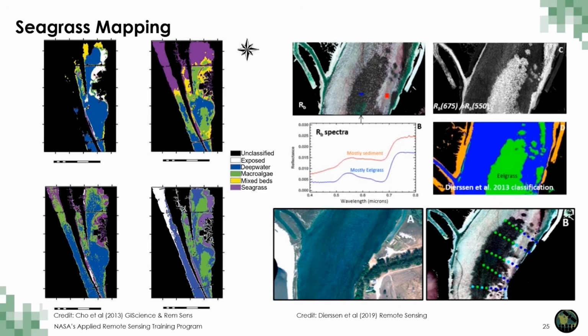Now, similarly, in a more recent paper by Heidi Dierssen et al. in 2019, they used 1 meter spatial resolution hyperspectral data obtained with PRISM to map shallow and moderately deep eelgrass beds in the tidal embayment of Elkhorn Slough in Monterey Bay in California.